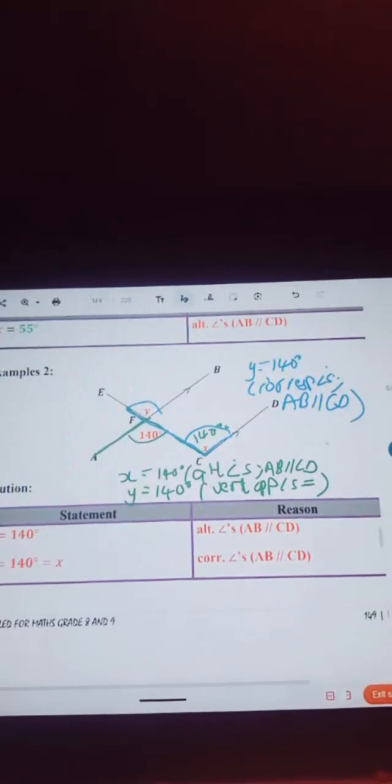Corresponding angles. Then we state AB parallel to CD. That's another way we could. So there's many ways to approach this problem. In fact, if we wanted to, we could have started with just y is equal to 40 degrees, vertically opposite angles.